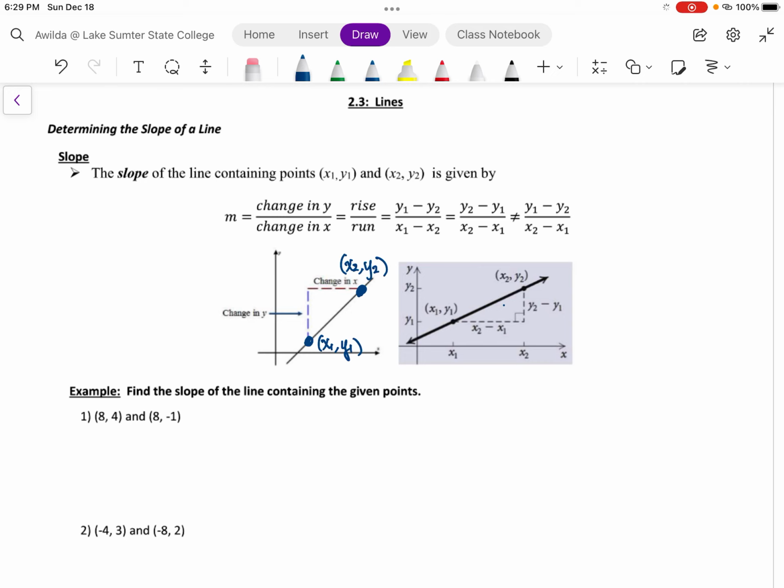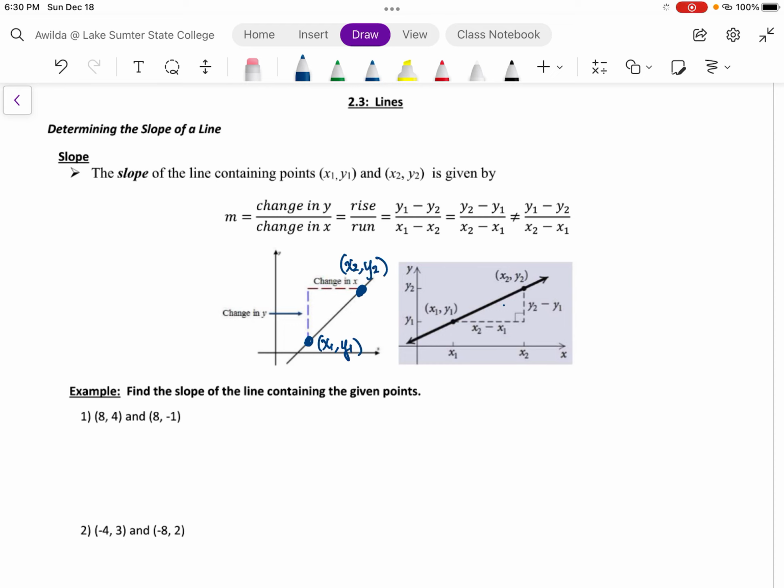Now, the steepness of the line is the same, regardless of which point we identify as point 1 and which one we identify as point 2. So the subscripts can be reversed as long as the x and the y coordinates stay together for each point.